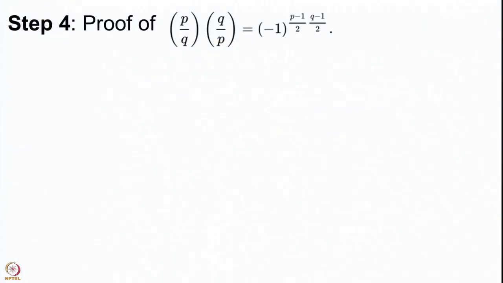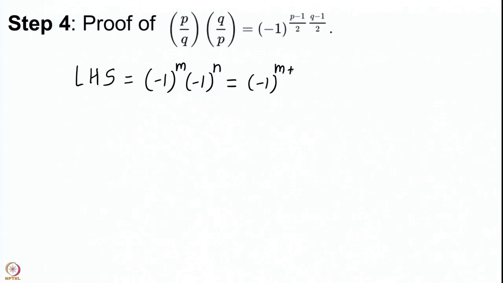We want to prove now that (p by q) into (q by p) is minus 1 to the power (p minus 1) by 2 times (q minus 1) by 2. LHS, if you remember, is minus 1 to the power m into minus 1 to the power n, given by the previous two steps, which gives you minus 1 to the power m plus n.